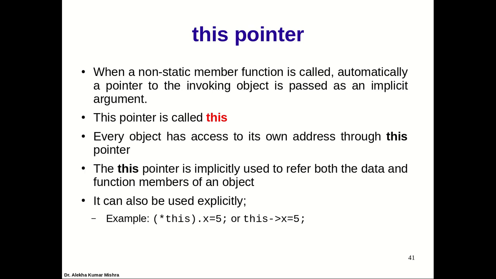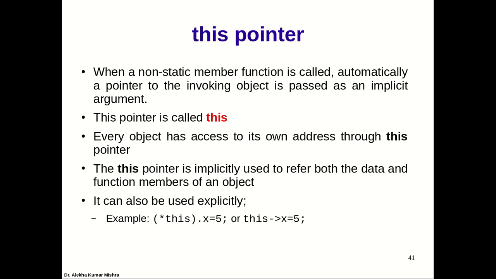Then ob is passed implicitly, and this object is referred to via the pointer called this. this is a keyword, and we cannot make it something else. It will always point to the object which has been passed implicitly, or which has invoked the function from outside the scope.